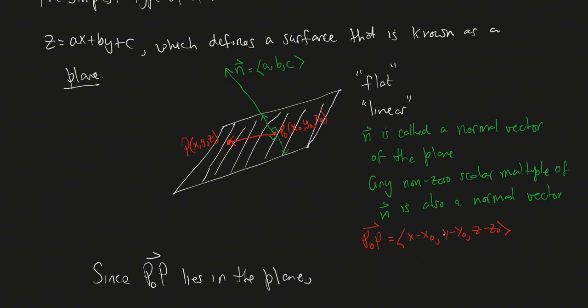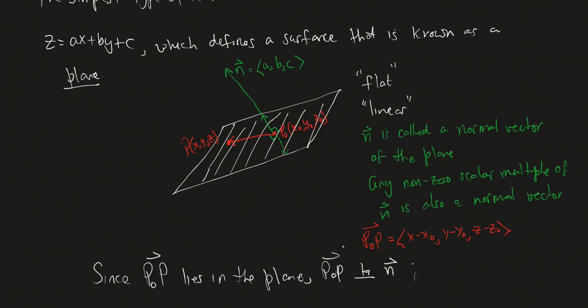That regardless of x0, y0, z0, this vector is always going to be orthogonal to this vector, right? Well, what do we know about vectors that are orthogonal? Their dot products are always 0.